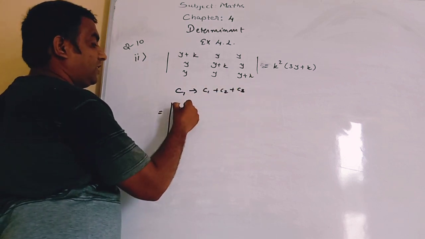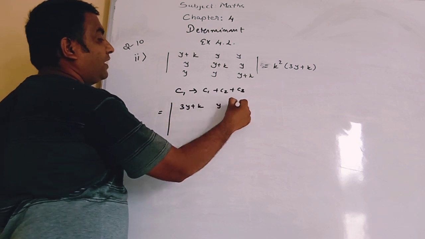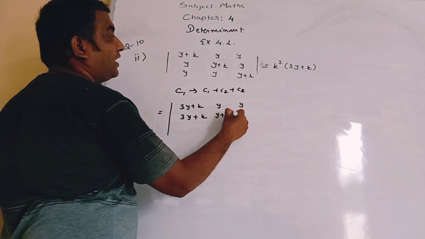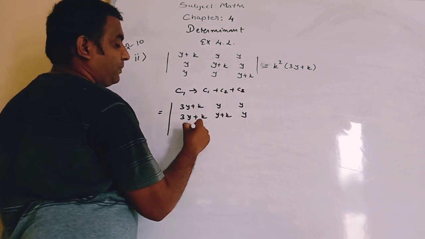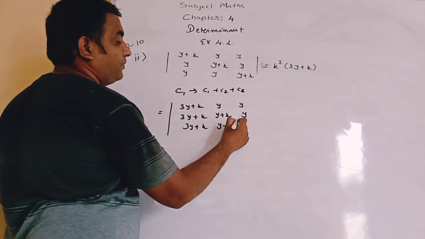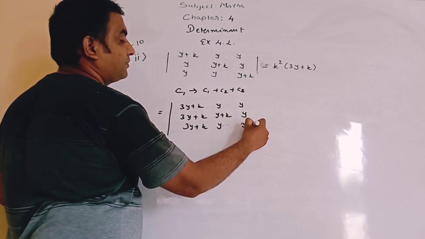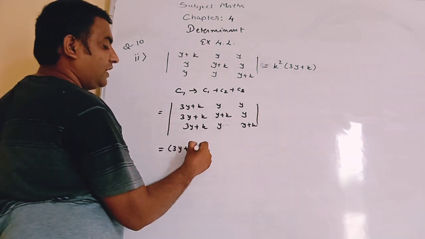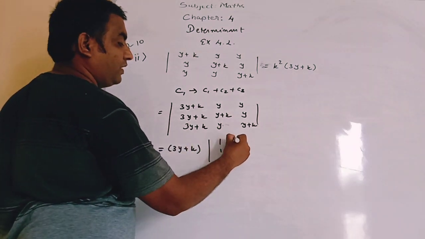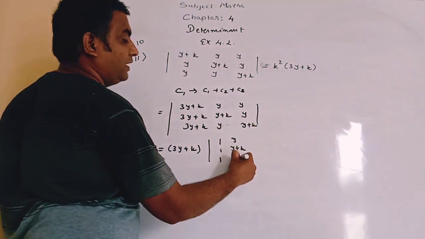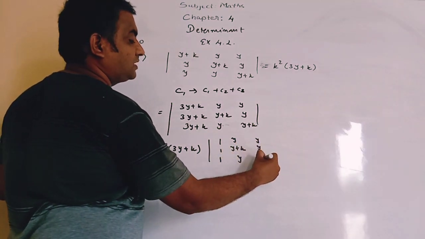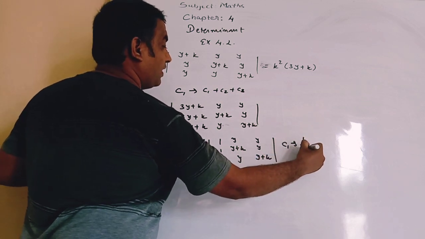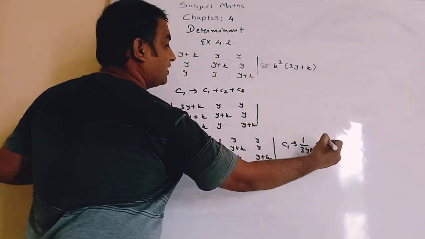Then we have 3y plus k, y, y; 3y plus k, y plus k, y; 3y plus k, y, y plus k. Now 3y plus k we take out common, that means 1, 1, 1, y, y plus k, y. So we will write here C1 transform into 1 by 3y plus k C1.